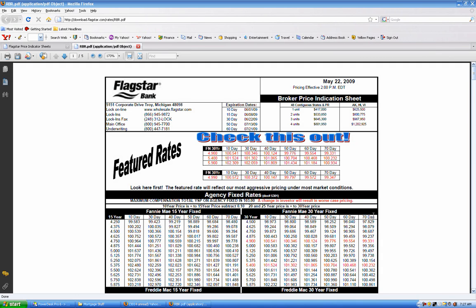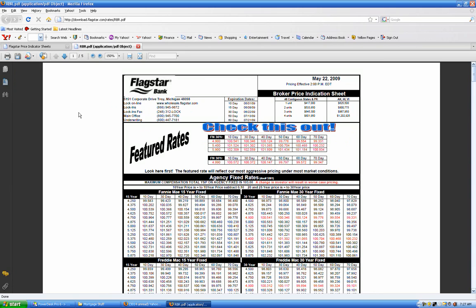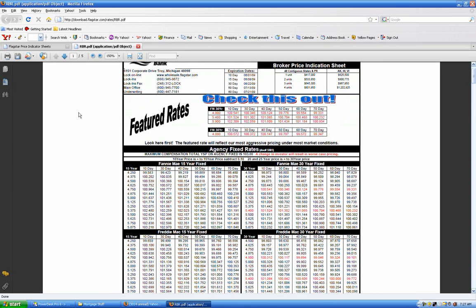So here we are, this is an example of a rate sheet. Let me make it a little smaller so I can scroll down. As you can see, there are Fannie Mae 15-year fix, 30-year fix, Freddie Mac, and so on.